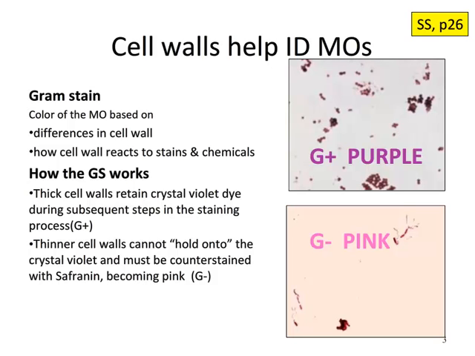So for lecture, what I'd like to emphasize for you is that the basis of the Gram stain is that the color of organisms changes depending on the differences in the structures of the cell walls of the organism.